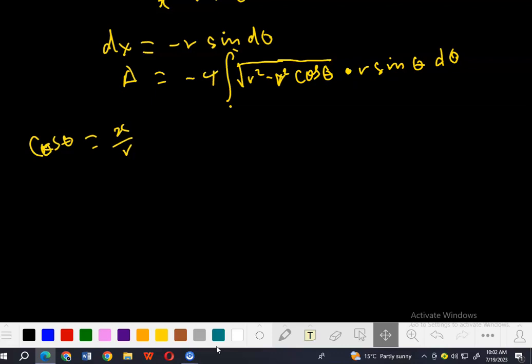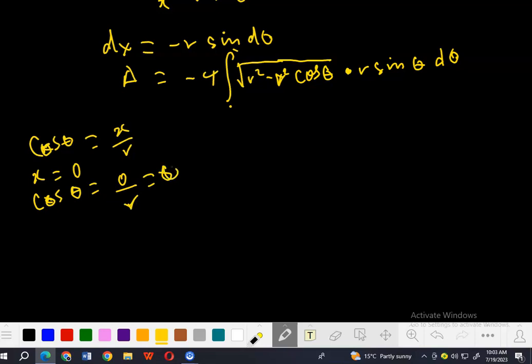When x is 0, our x in this case is going to be 0, and cosine of theta is simply 0 all over r, which is equal to 0.